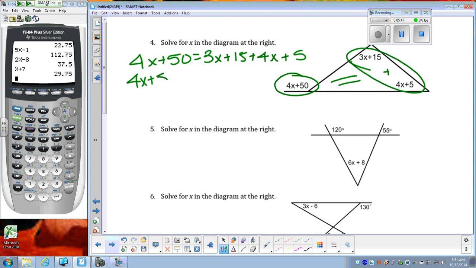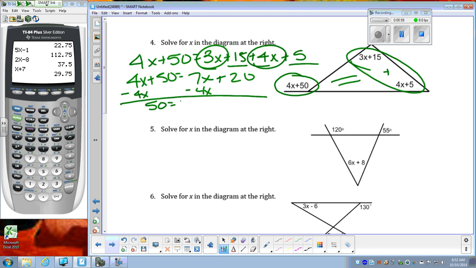So 4x plus 50 has to equal 7x plus 20. Subtract 4x. Subtract the 20. Get 30 equals 3x, so I know that x has to equal 10.